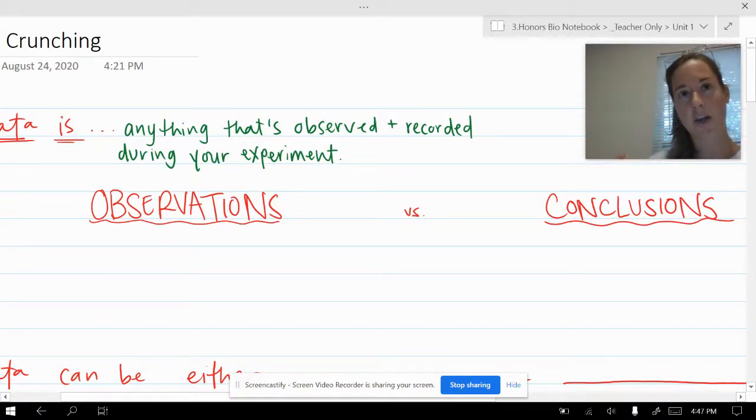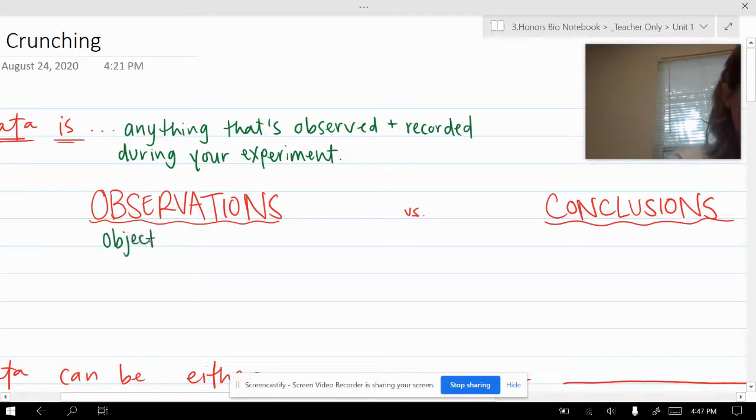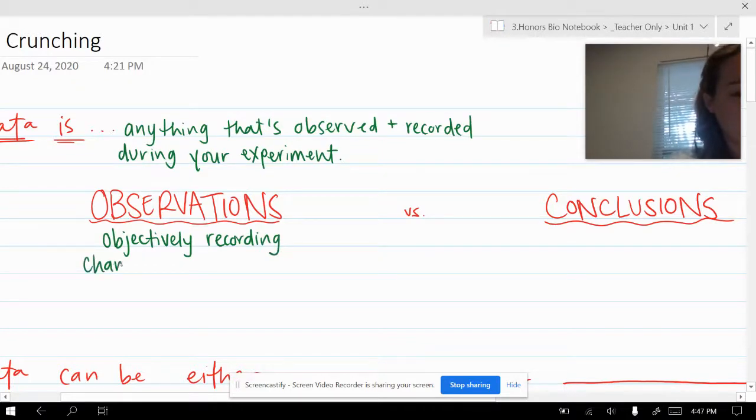It's objectively recording changes or qualities of what you're testing.